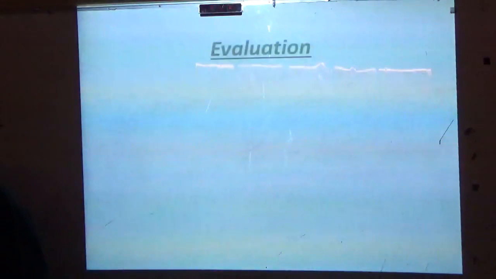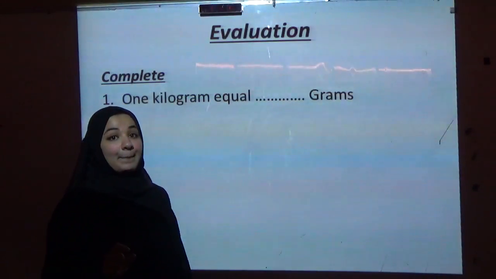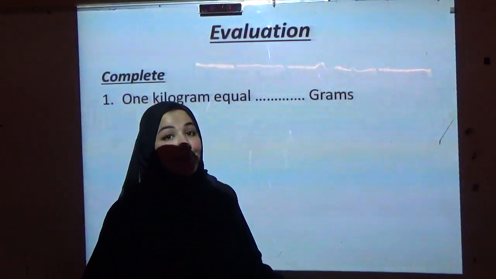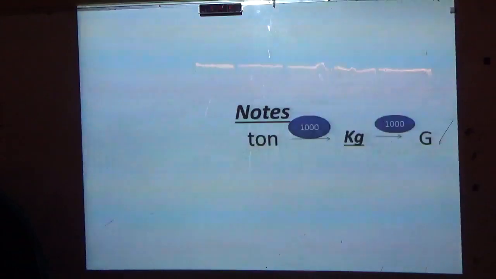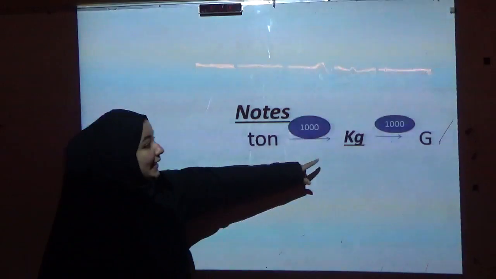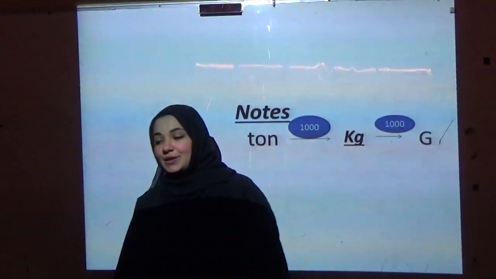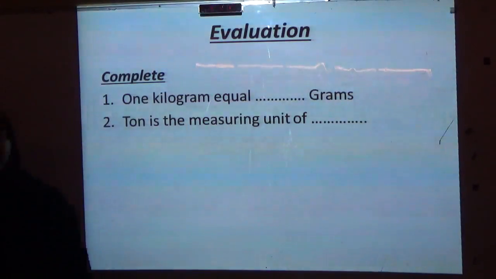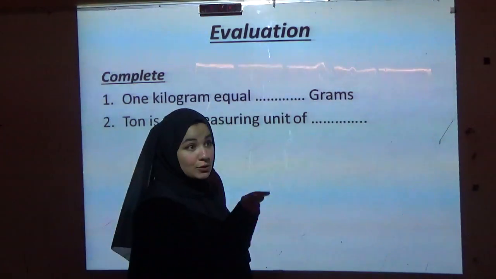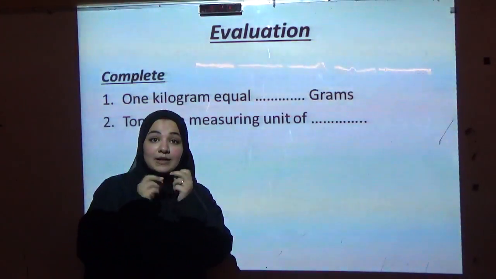Now, I will ask you a question. Complete: 1 kilogram equals how many grams? We said how I can transfer from kilograms into grams: multiply by 1,000. So, 1 kilogram equals 1,000 grams.